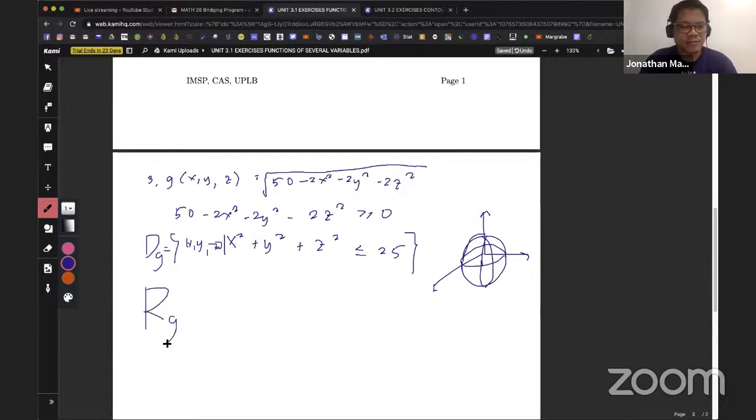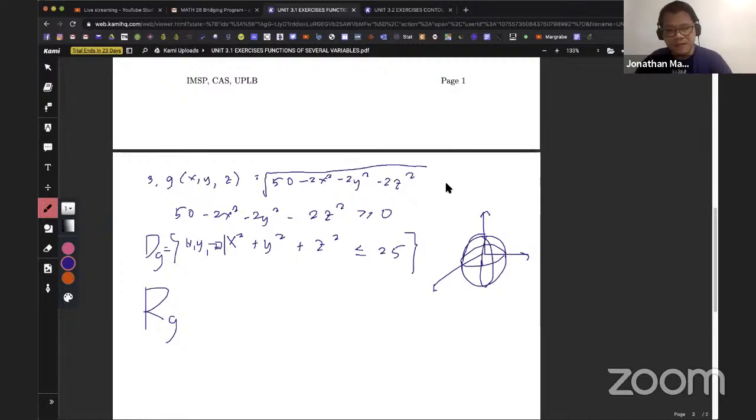para sa range, ito yung medyo crucial in this item. For the range of the function, we know that g could be any number greater than or equal to 0. But take note here, in that expression, pwede mo kasing i-factor out yung 2.